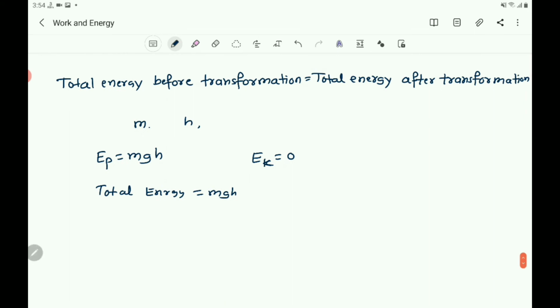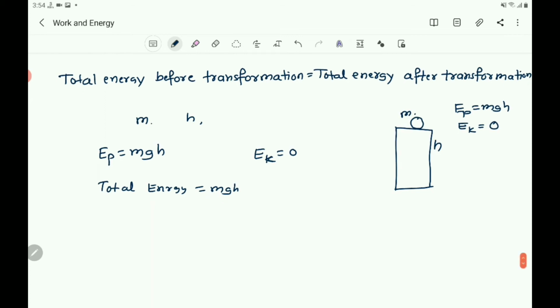Consider here an object of mass m at a certain height h. Its potential energy is mgh, and kinetic energy is 0.